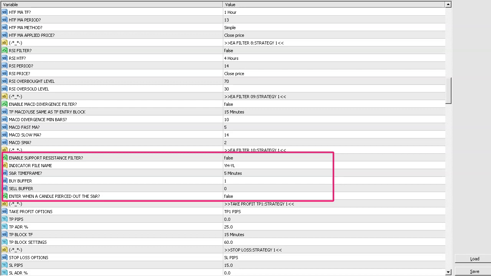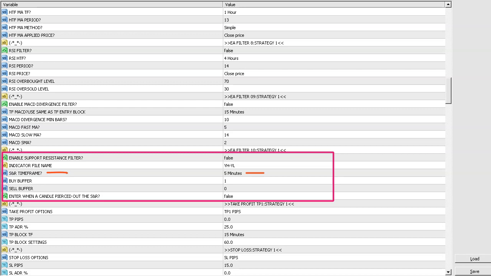And here, there are some support and resistance that act differently on different time frames. So that is really up to you. If it doesn't change on any time frame, then you can just choose the same time frame of entry. Okay, right over here, same time frame of entry. If you're entering on a 5-minute block, and the support and resistance does not change on any time frame, then you're going to use the same time frame.